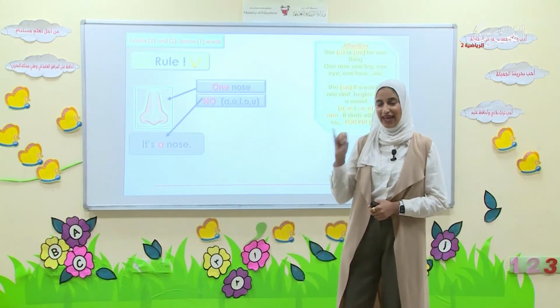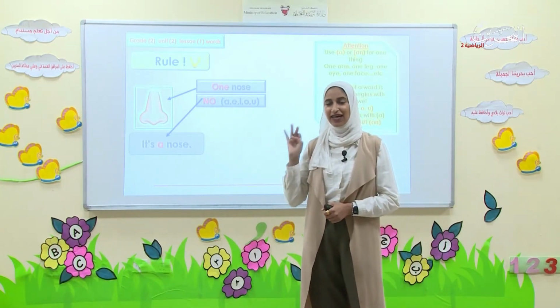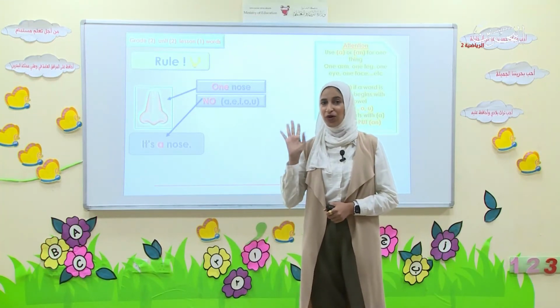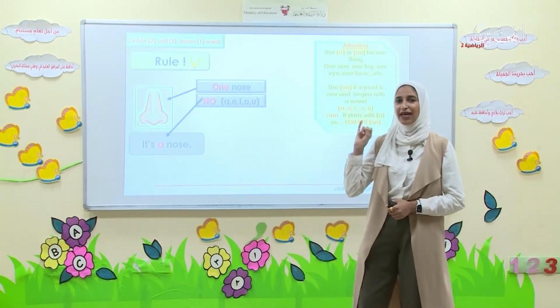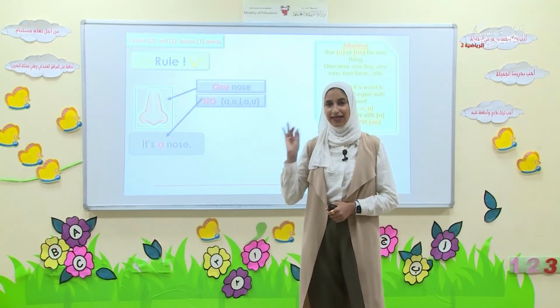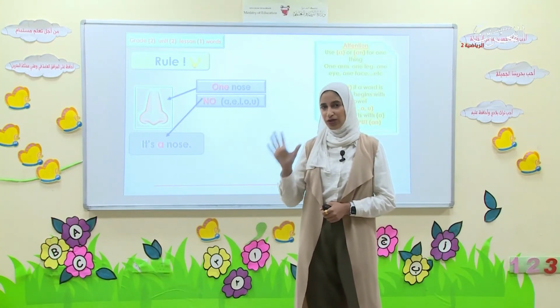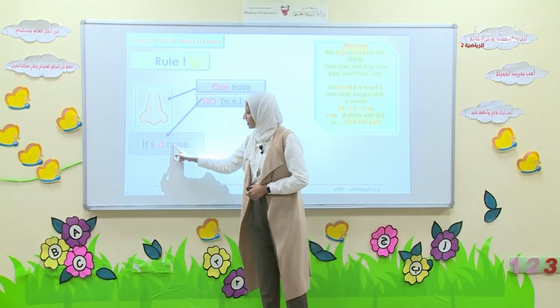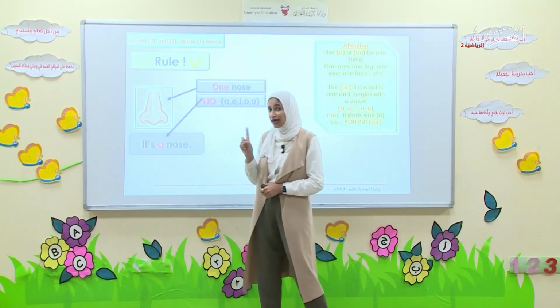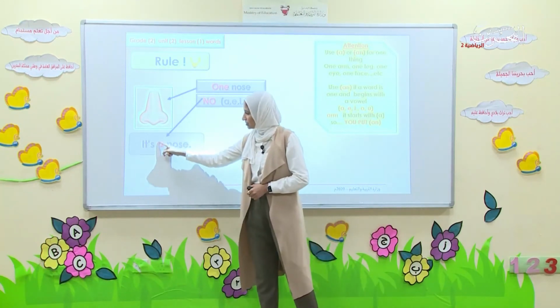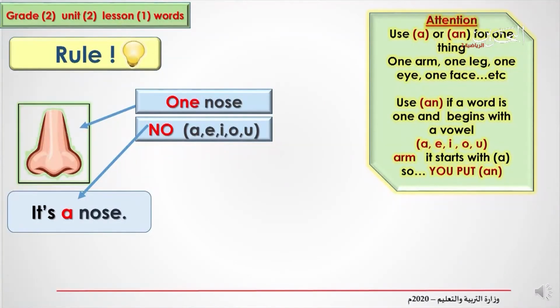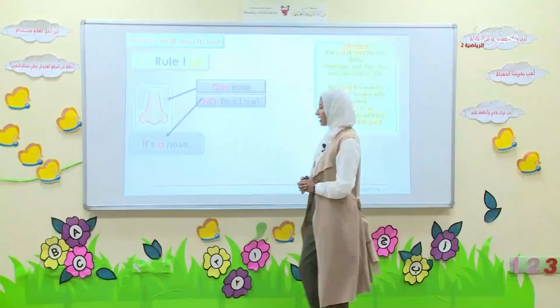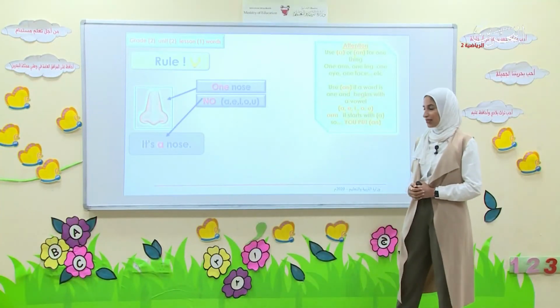They are A, E, I, O, U. One more time. A, E, I, O, U. In the word nose, the first letter is N. It's not a vowel, so we used a. It's a nose.